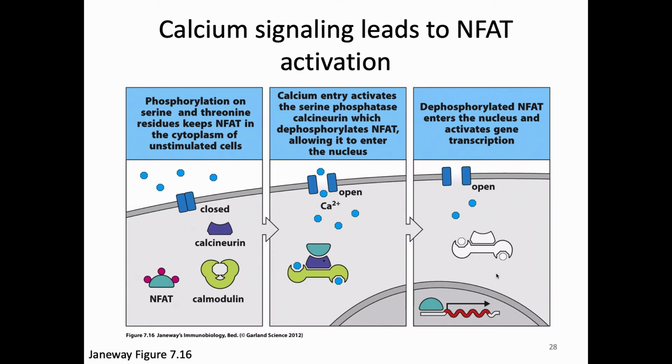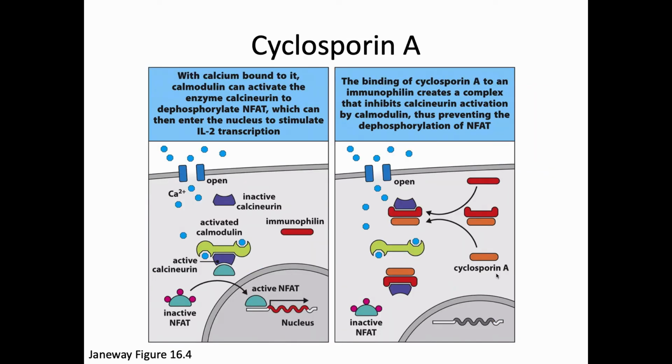As I mentioned to you guys before, this is one of those pathways that every immunologist knows. This is one that we all got down. And one of the reasons why this is such a famous pathway in immunology is that one of the first really famous drugs that alters the immune system was a drug called Cyclosporin A. This was the drug that allowed transplantation to be possible and is a drug that allows immunosuppression in a number of different clinical conditions.